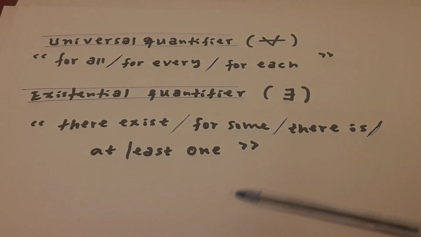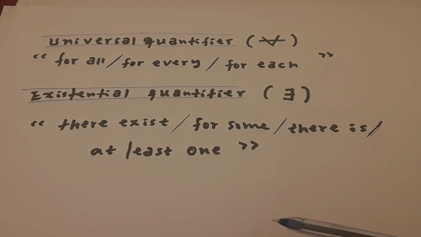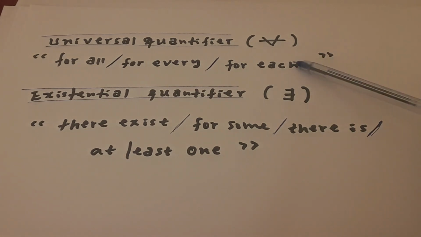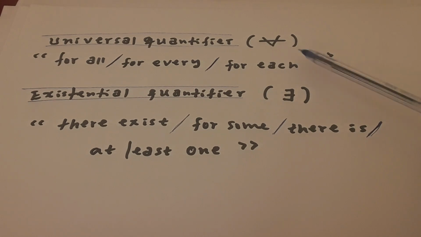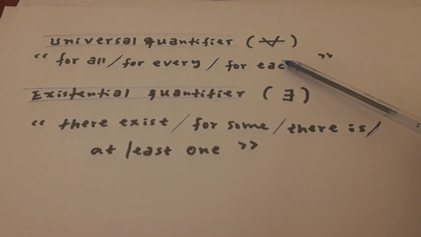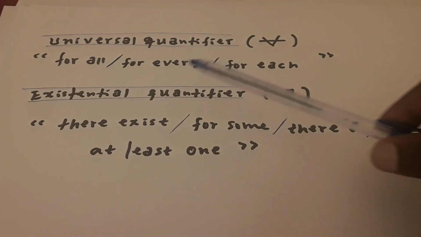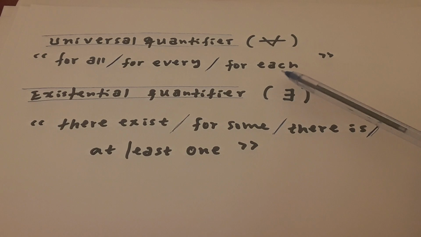When we have a large amount of mathematics where we're using the same phrases over and over again, we can just replace them by one symbol, so it minimizes the writing. So that's what we are going to do now with the universal quantifier. It looks just like an upside down A, and it means for all, for every, for each. It's shorthand.